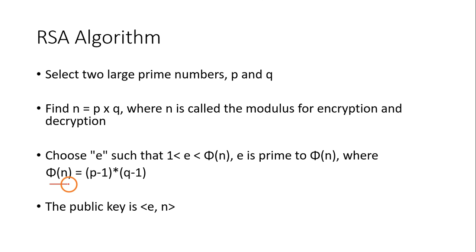Now what is the value of phi of n? It is calculated like this: (p minus 1) into (q minus 1). After calculating phi of n, you have to find the number e such that it is relatively prime to phi of n. Once you find e, if you take e comma n together, that is your public key. You will share this public key with everybody who wants to communicate with you.